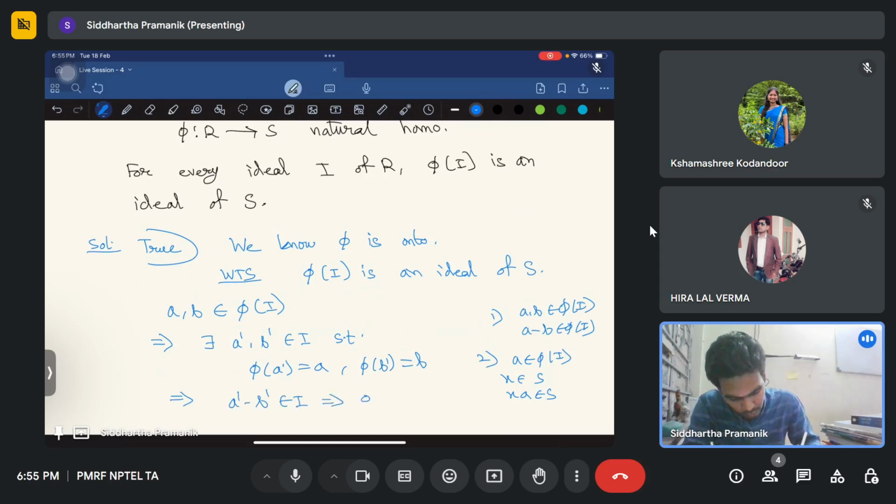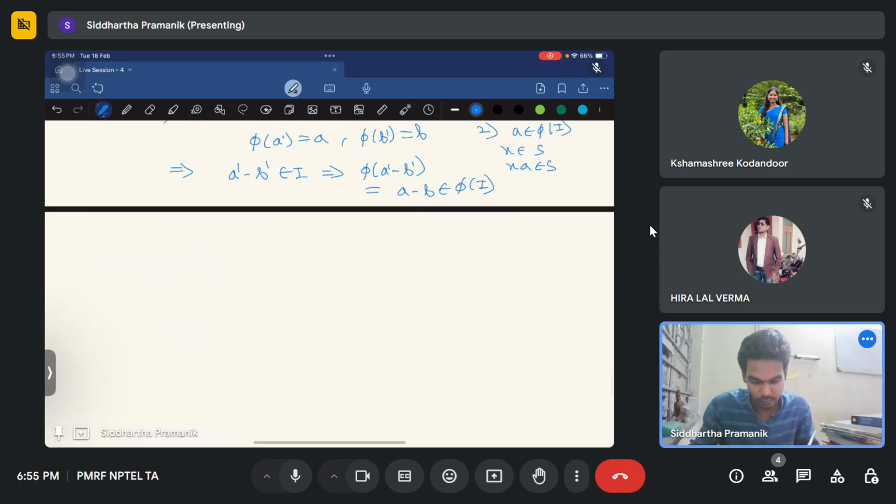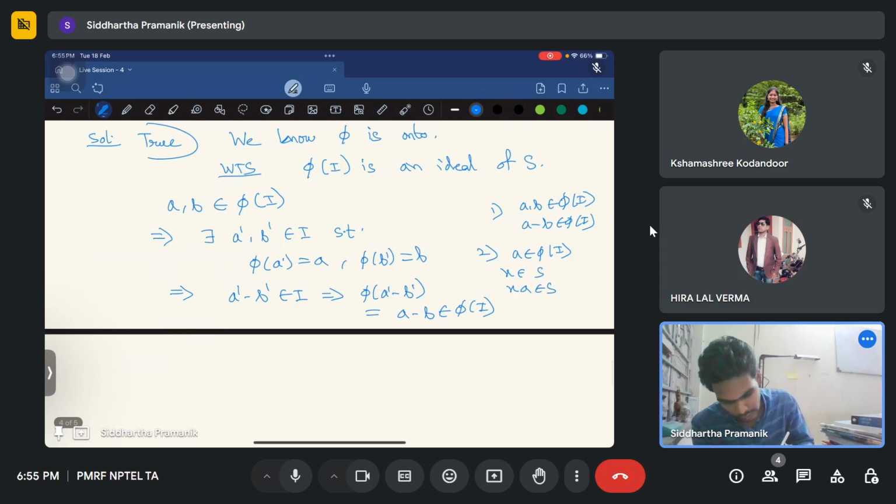So that will imply phi of a' minus b', which is a minus b, is in phi of I. And if a belongs to phi of I and let's say x belongs to S, this implies phi of a' is equal to a for some a' in I, right?